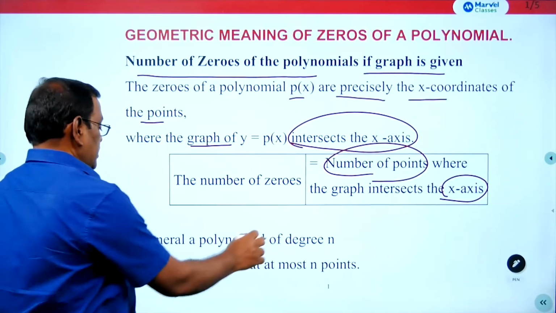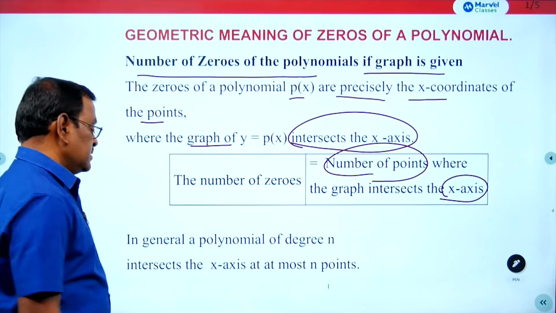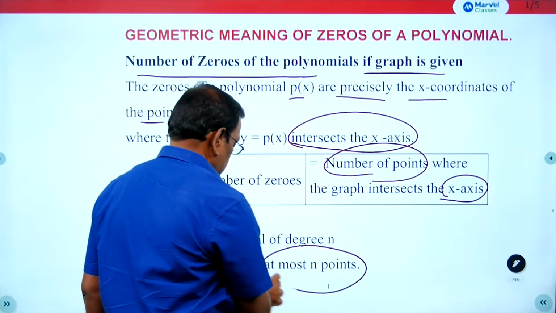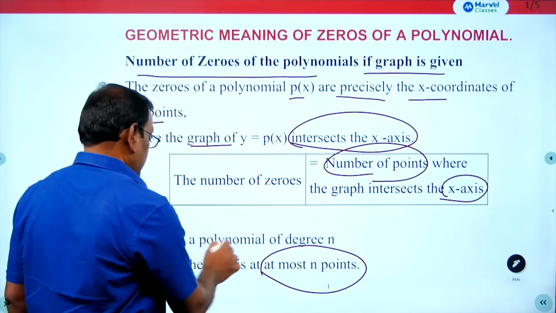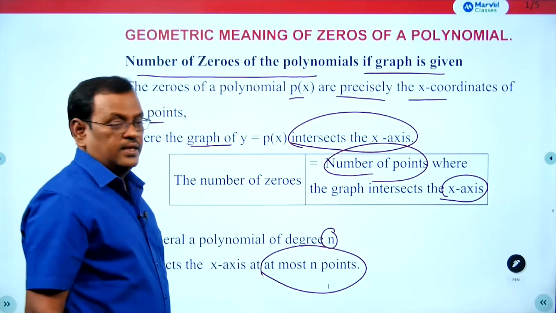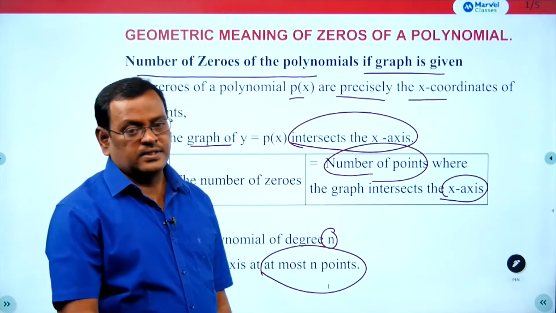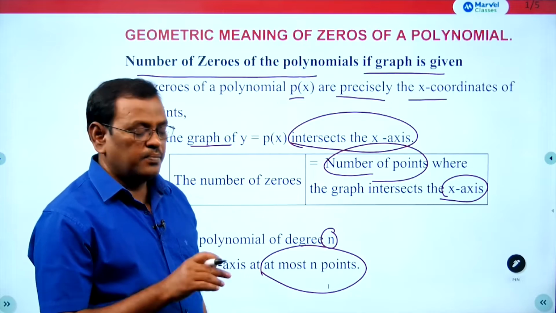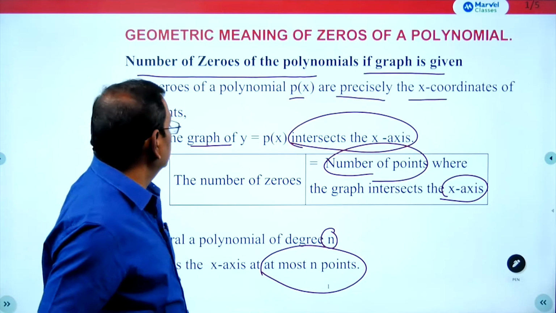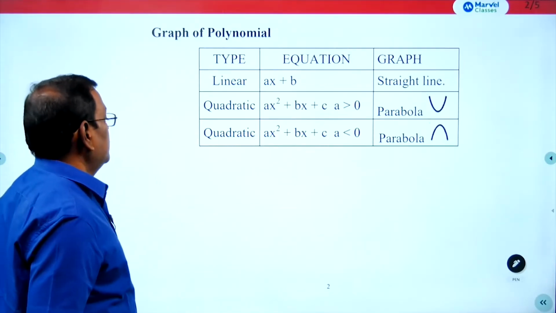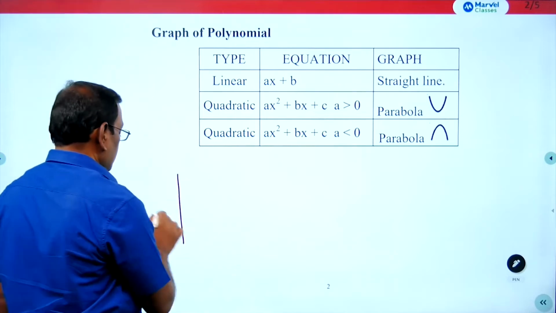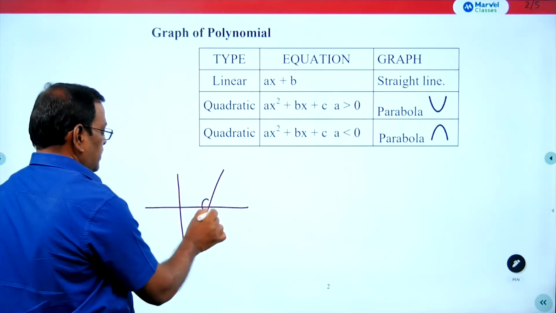In general, a polynomial of degree n intersects the x axis at most n points. So if a graph is given, find the number of points of intersection with respect to the x axis. For example, how many points does it intersect?